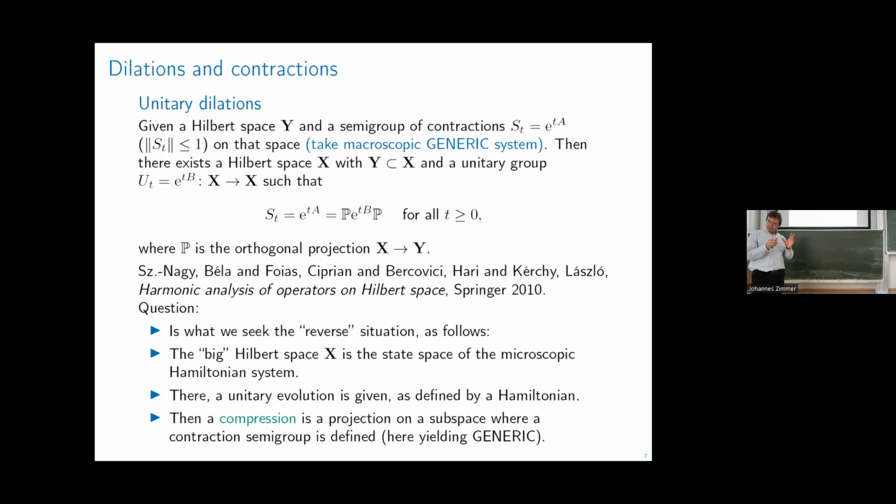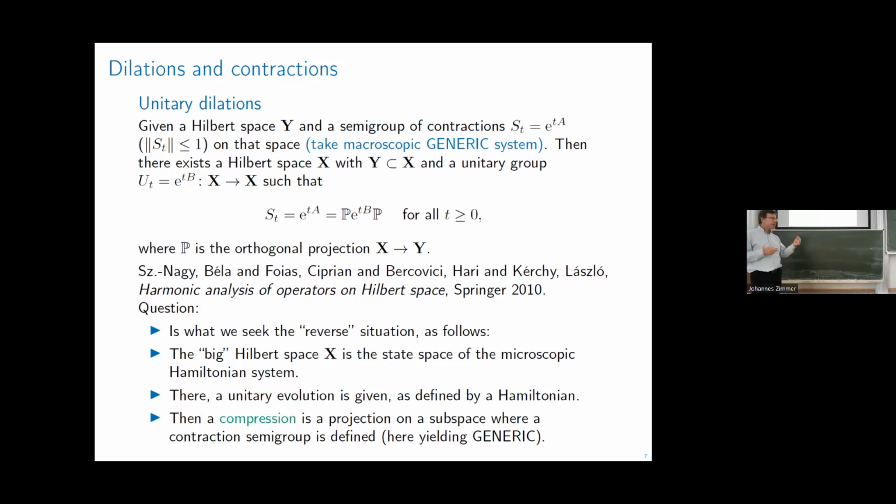In terms of modeling, the idea is this could be exactly the opposite of what we want, since we start with a small space and embed it into a bigger one. Is what the coarse graining is doing really the opposite? We start with a unitary group, and then we project on a semigroup. And the answer will be yes, and that is what we call a compression.